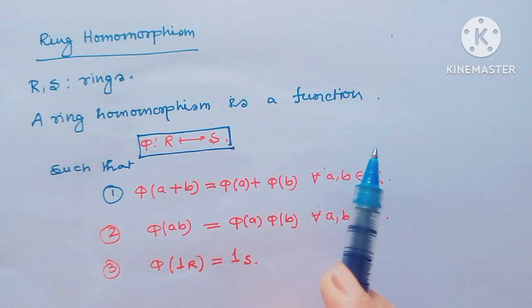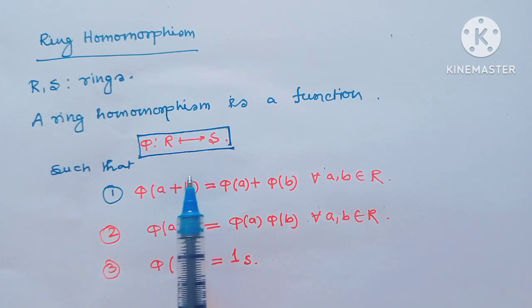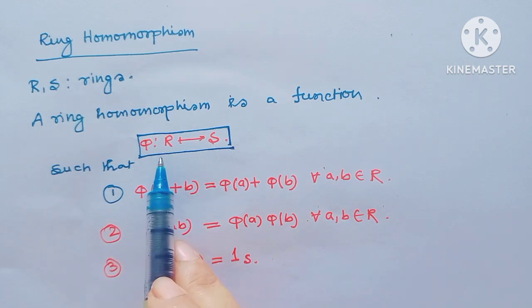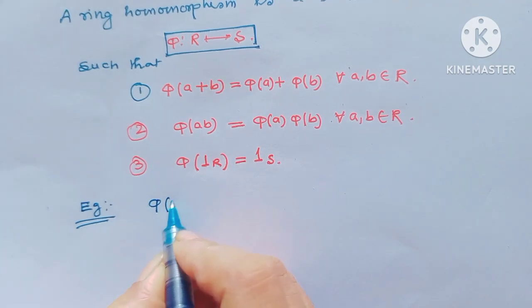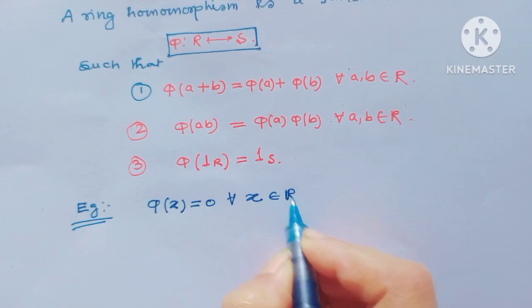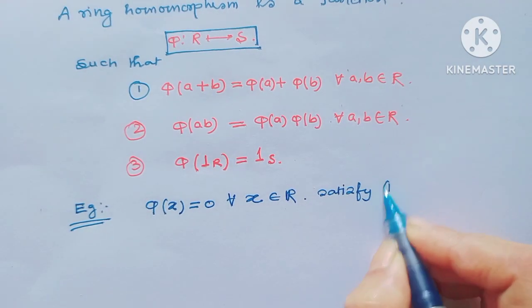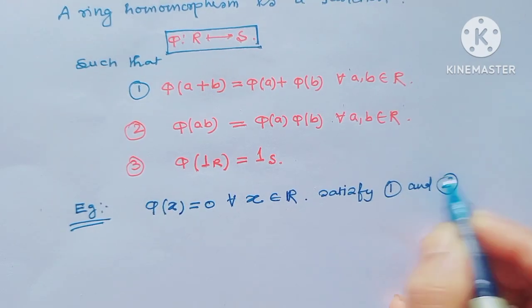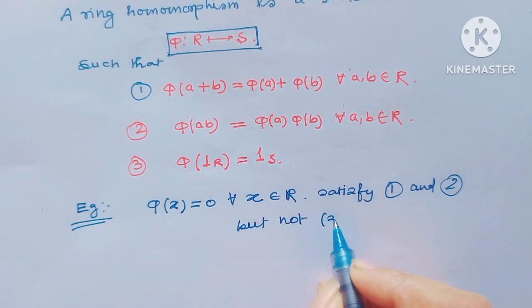And in group homomorphism, 0 maps to 0. So in ring homomorphism, the multiplicative identity, 1, maps to the multiplicative identity in S. As an example, consider phi of x equal to 0, true for all x belonging to R. Notice this satisfies property 1 and property 2, but it does not satisfy property 3.